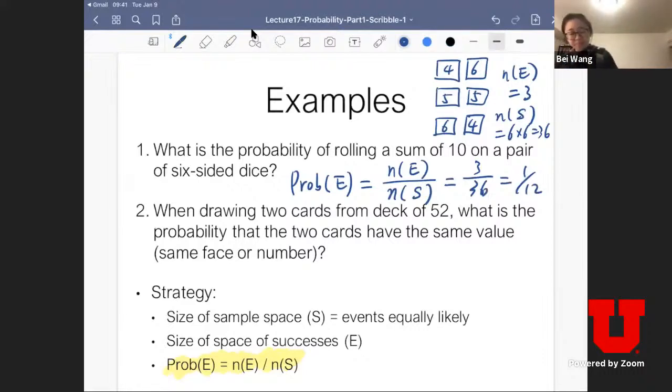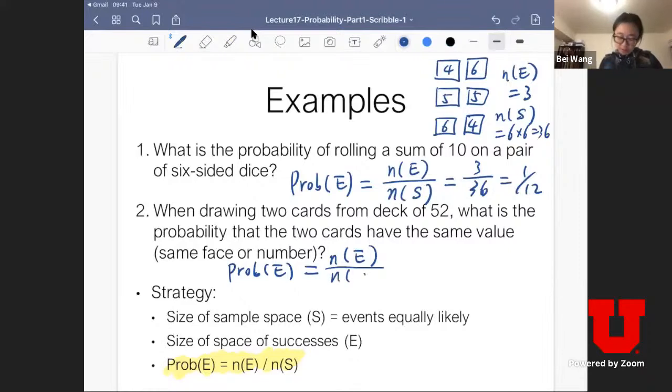All right? Now the second question is asking, what is the probability that two cards have the same value? So again, I need to figure out the probability of my event, which is defined as the number of successful outcomes over the number of all possible outcomes. First of all, let's figure out all possible outcomes.